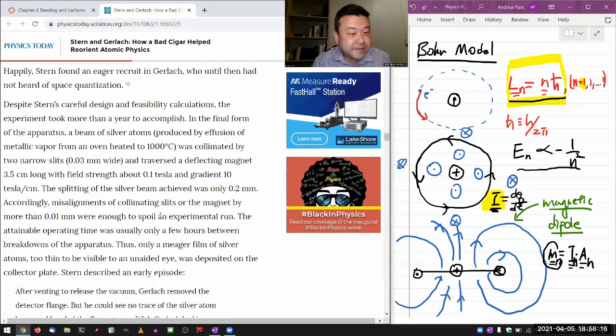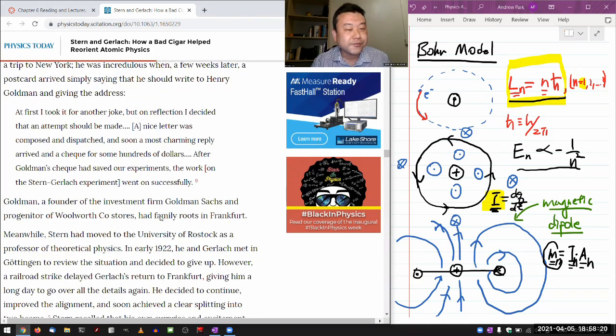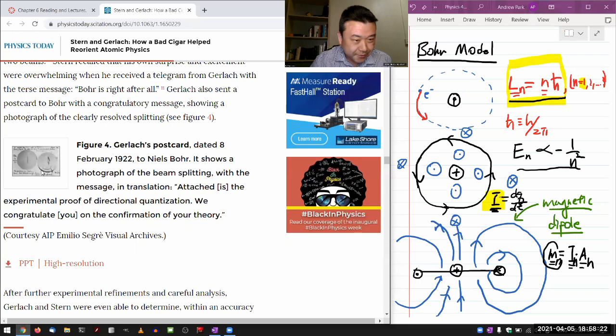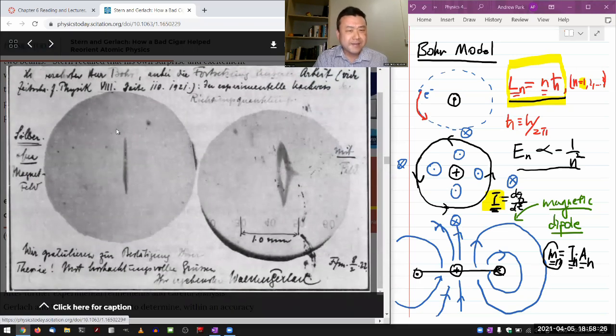They sent this congratulatory postcard to Bohr. So this is the postcard that's in the story, and I think it's written in German.